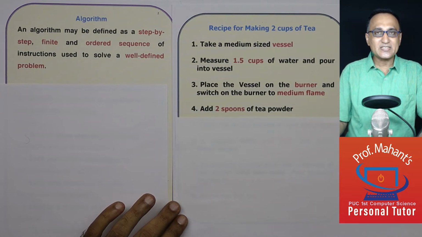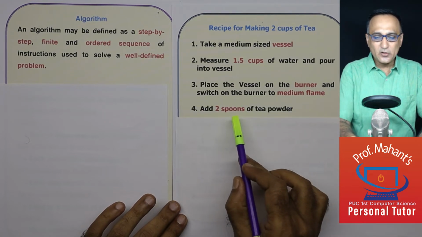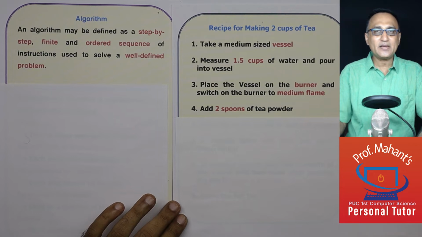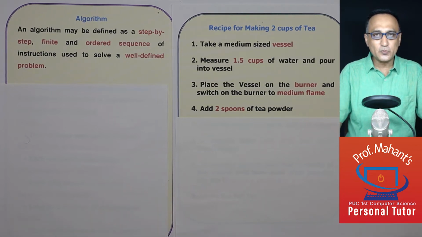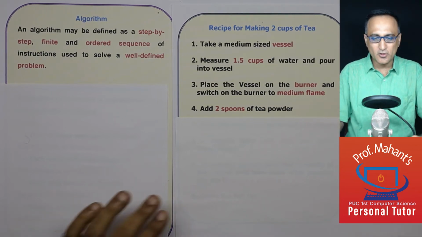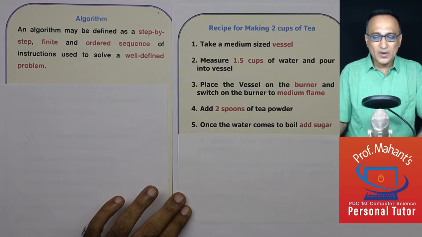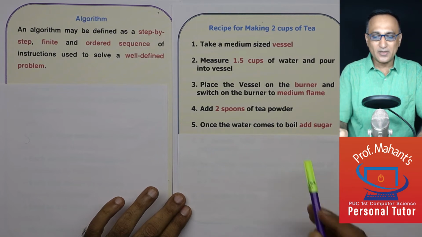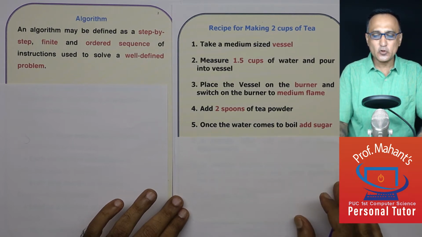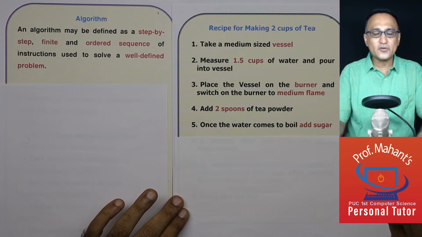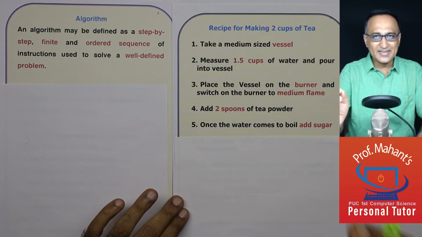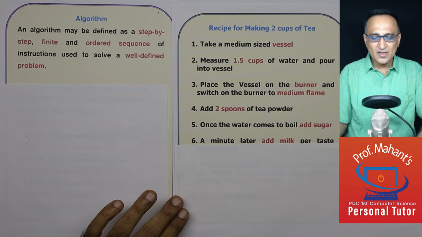What do I do next? I am then saying add 2 spoons of tea powder immediately. You can add even 3 spoons if you want to make the tea much stronger. Next step, once the water begins to boil, after you have put the tea powder, add sugar. So you may add 1 or 2 spoons of sugar based on your taste and requirements.